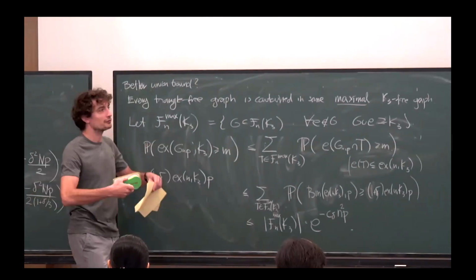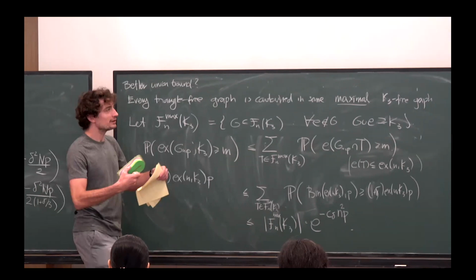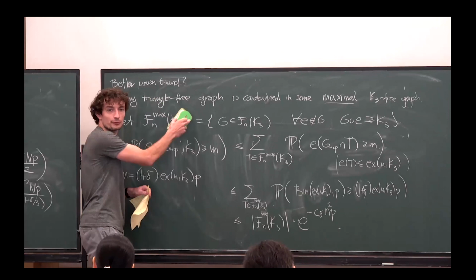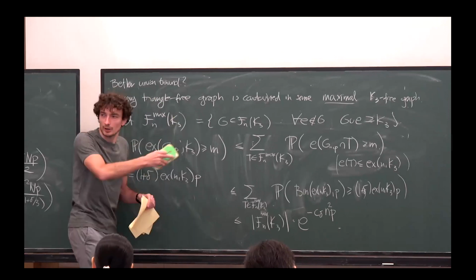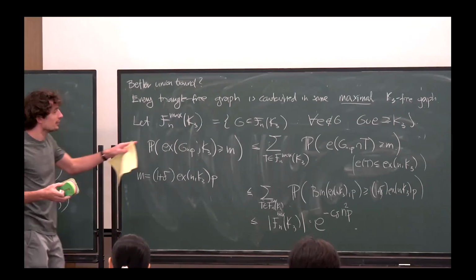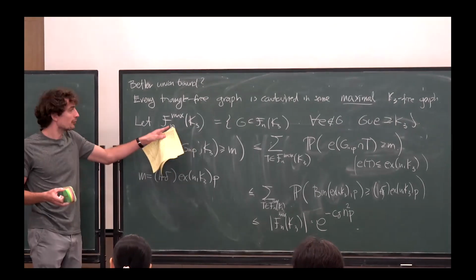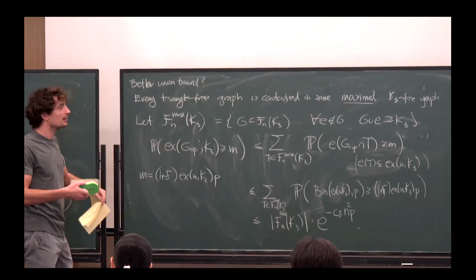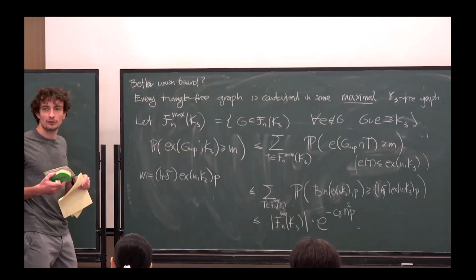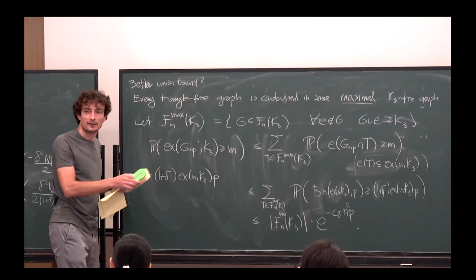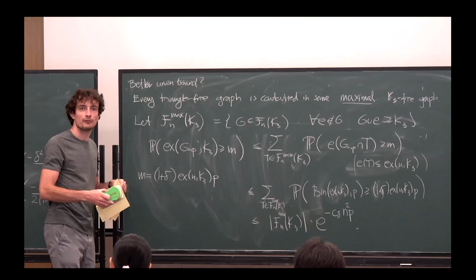So the idea behind the container method is to find a better family that will cover all the triangle free graphs. We won't be able to do it with triangle free graphs themselves because we would have to take all the maximal ones. There's just too many of them. But there is a family covering all triangle free graphs which is much, much smaller than the maximal triangle free graphs, but for many purposes, it's not much worse.